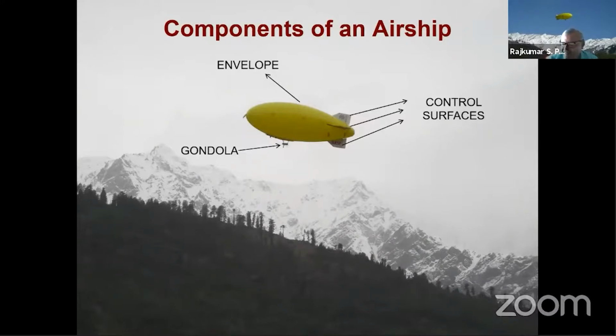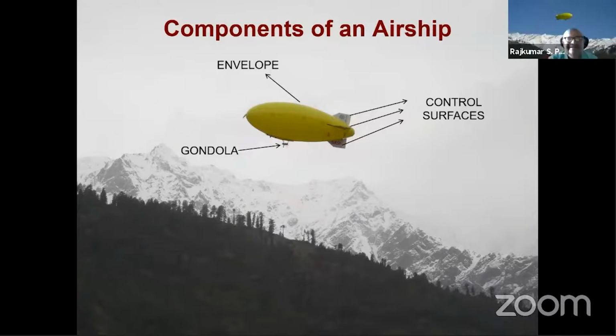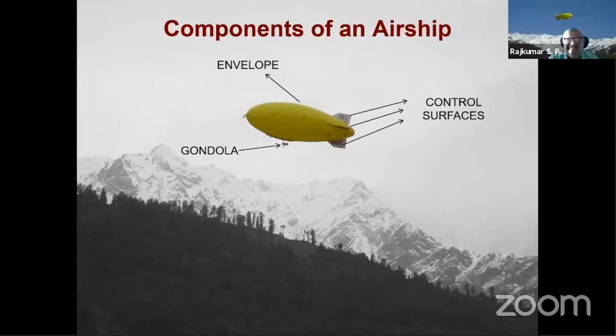Any other observation compared to aircraft? Sir, it has a huge envelope, unlike aircraft. Exactly. In the aircraft, the gondola which carries the passengers, payloads, etc., is actually the fuselage, and that is generally larger than the wing in size.